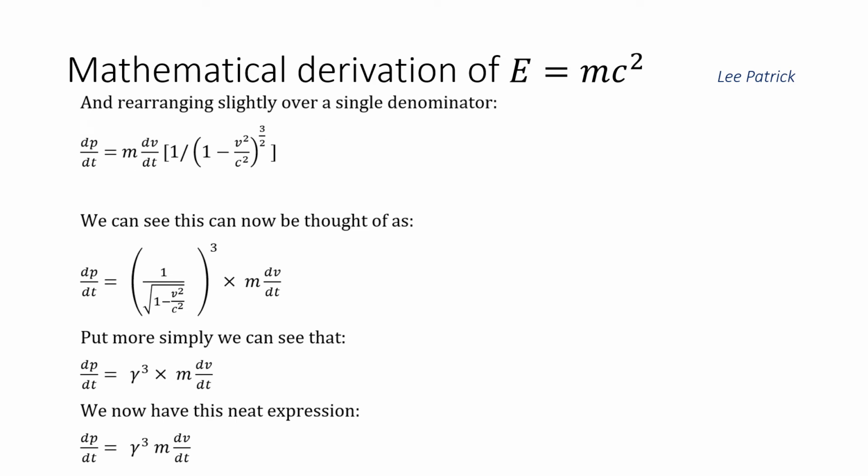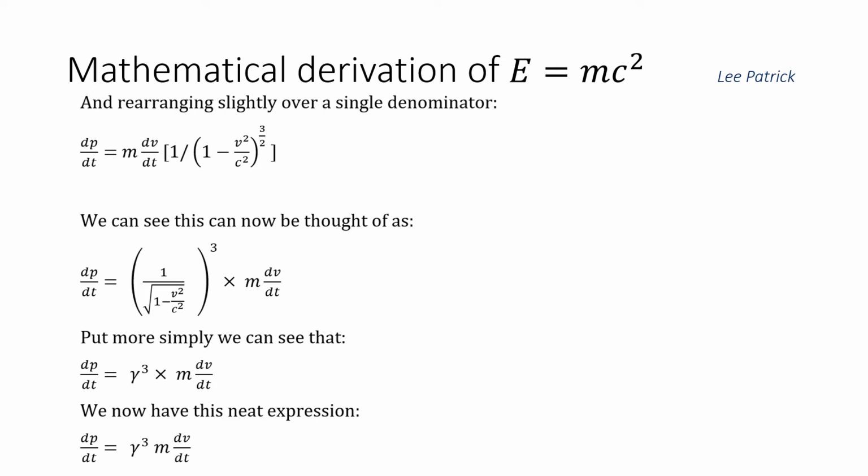We then rearrange this slightly over a single denominator to obtain dp by dt equals m dv by dt multiplied by 1 over (1 minus v squared over c squared) to the power 3 over 2. We can see this can now be thought of as dp by dt equals 1 over the square root of (1 minus v squared over c squared) all to the power 3, multiplied by m dv by dt.